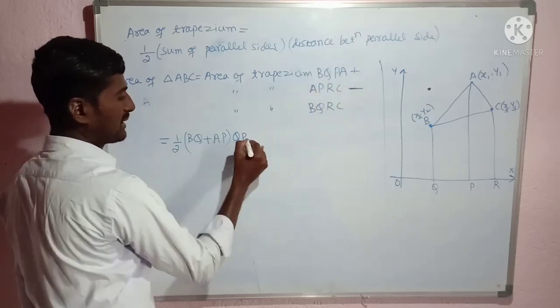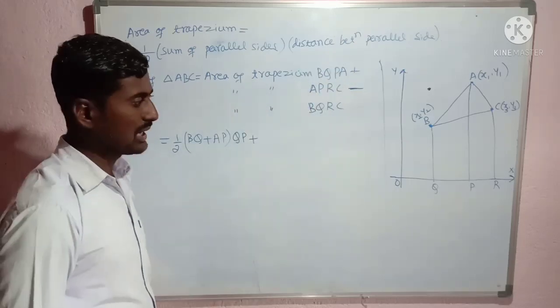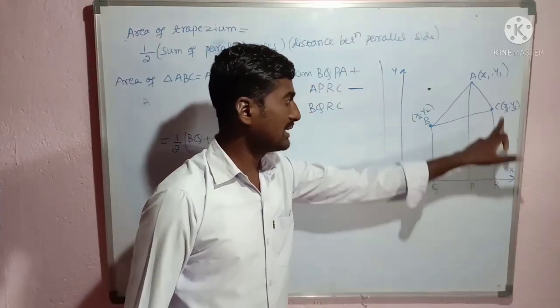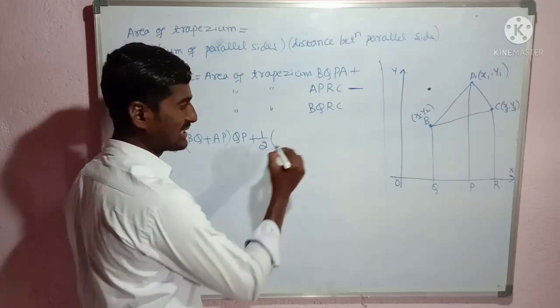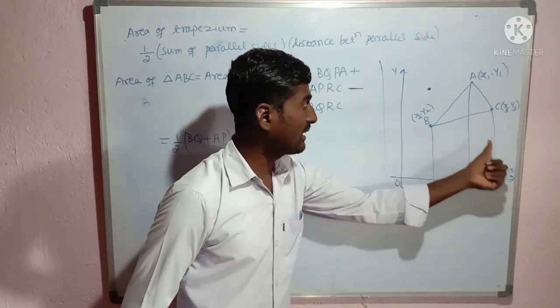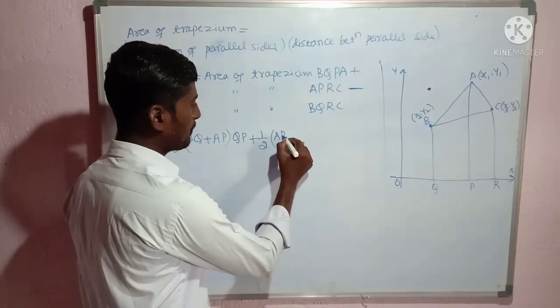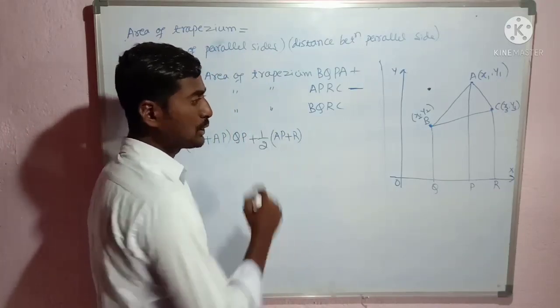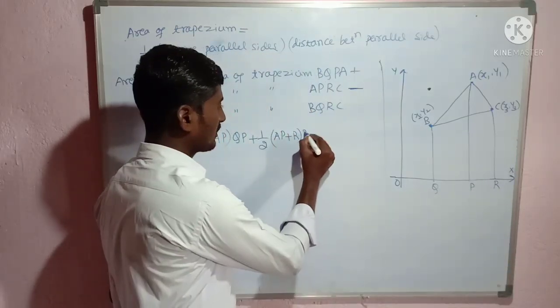Okay. Then one more plus. Now area of trapezium APRC. APRC again same formula. So 1 by 2 into sum of the parallel sides. So here parallel sides are AP and RC. So it means AP plus RC into distance between the parallel sides, that is PR. Okay.